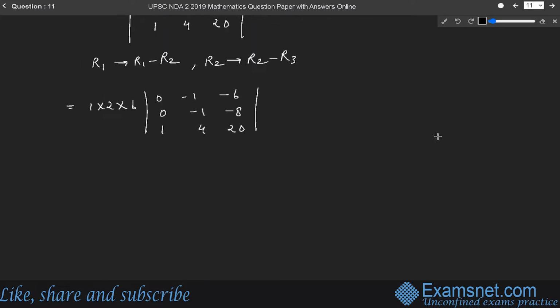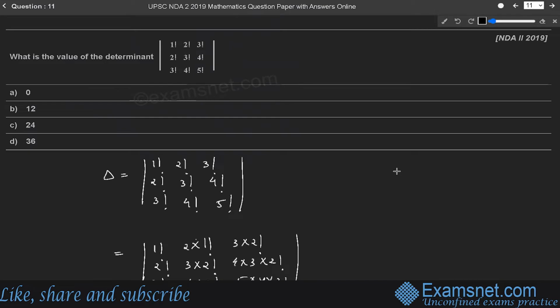So it will be equal to 12 into 0 minus 0 plus 1 into 8 minus 6, which is equal to 12 into 2, which gives 24. So the value of the determinant is 24. Hence, the correct option will be option number C, which is 24.